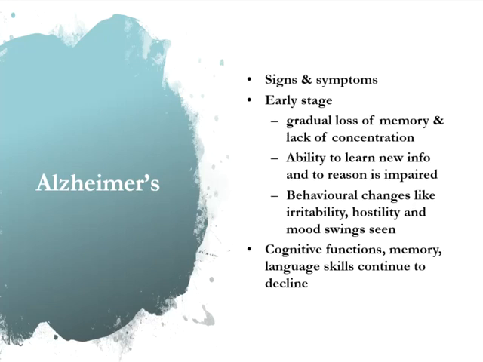Okay, signs and symptoms: early stage will have a gradual loss of memory and lack of concentration. Ability to learn new info and to reason is affected. Behavioral changes, like a person is very irritable and very hostile, mood swings can be seen, cognitive functions, memory, language skills, everything keeps on deteriorating.